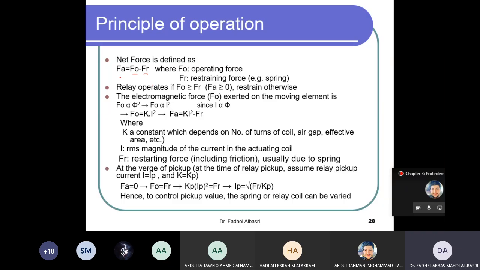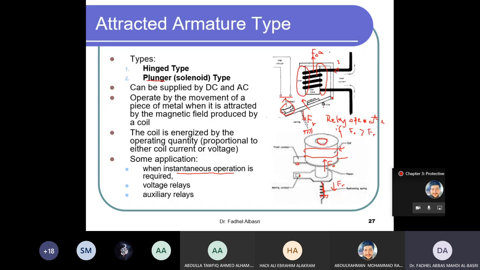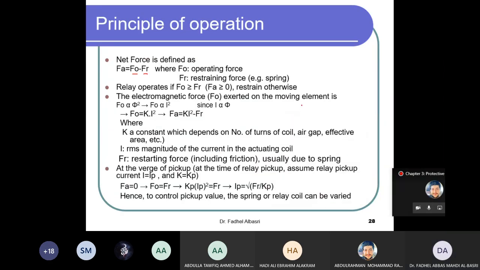If the net force is positive, the relay will operate. If the net force is negative, meaning the operating force is less than the restraining force, the spring force, the relay will not operate. This will stay as it is.